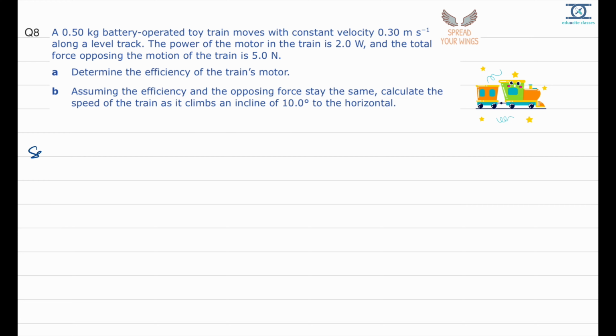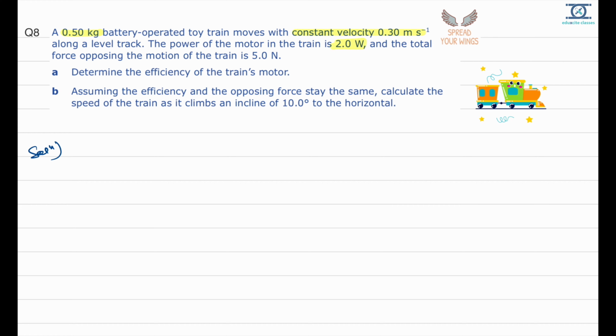Okay, now this is also quite an easy one. There is a toy train of mass 0.5 kg moving at a constant velocity of 0.3 on a level track, and the power of the motor is 2 watts.